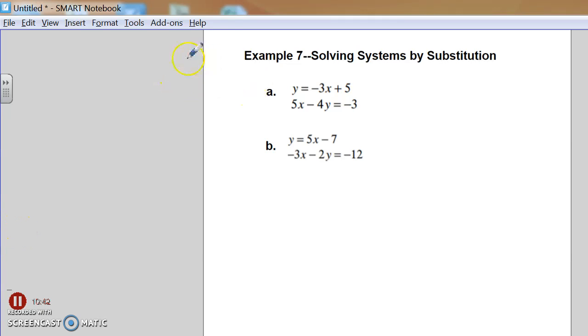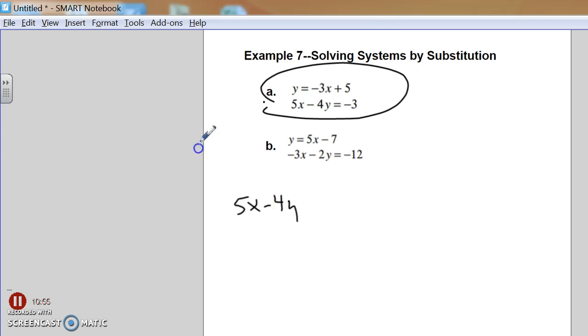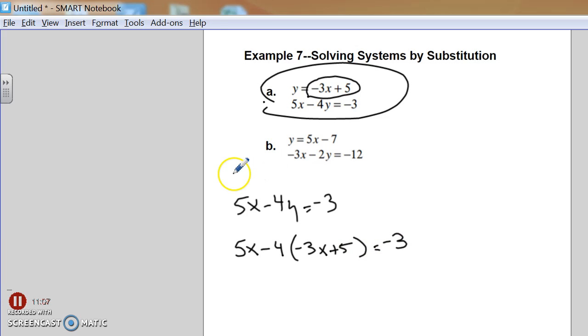But here, there's no context to it. When you're looking at a system like this, notice that y is already solved. So if I take my second equation, if I already know that y is equal to negative 3x plus 5, then I want to do the substitution. So I get negative 4 times (negative 3x plus 5), and that's equal to negative 3.